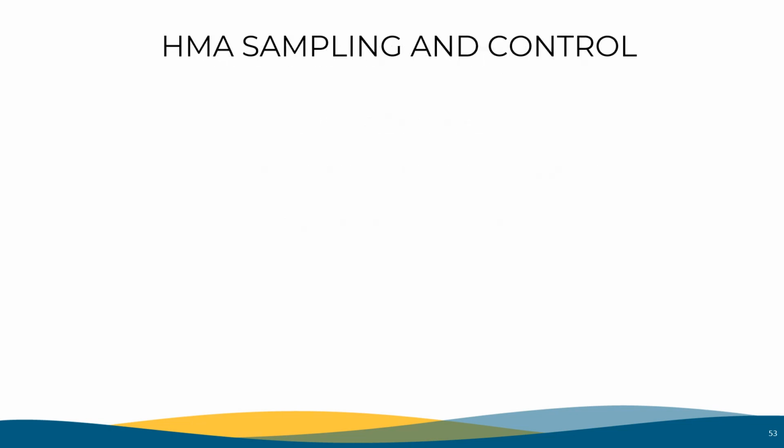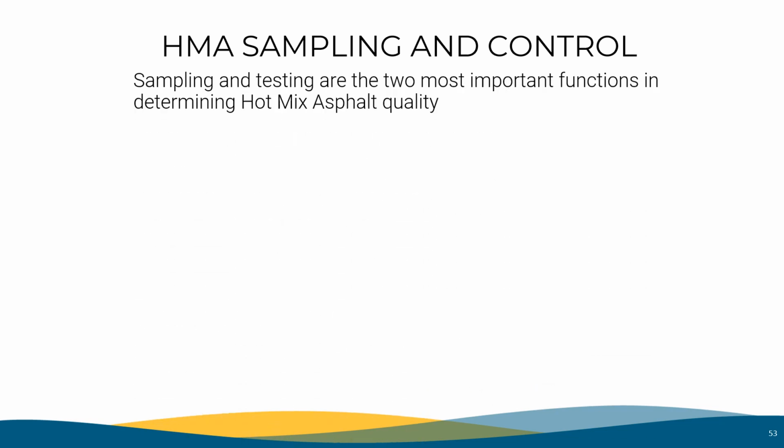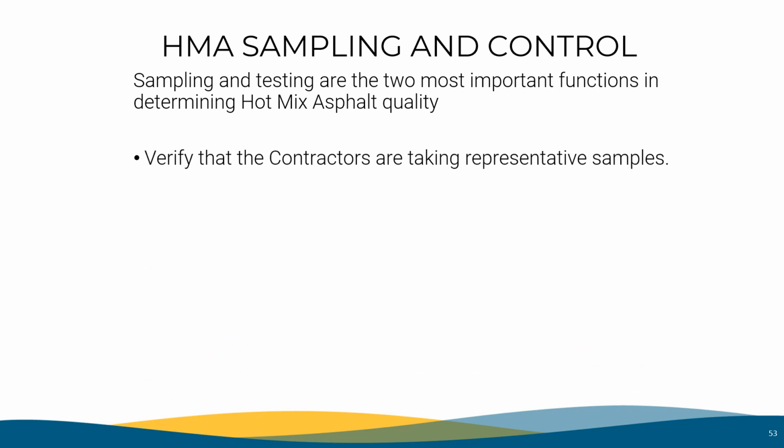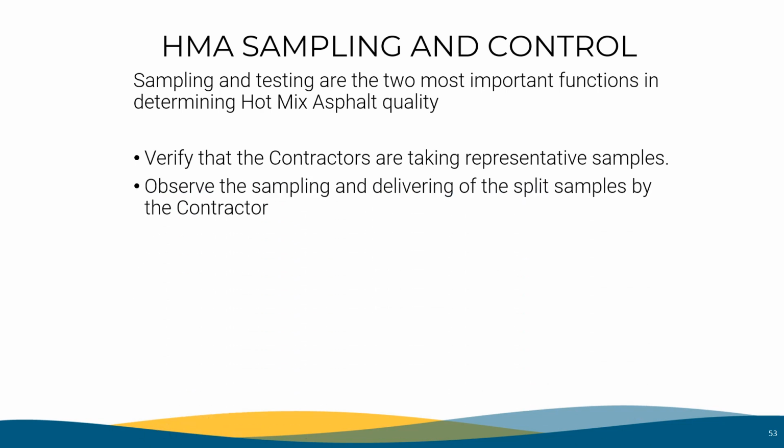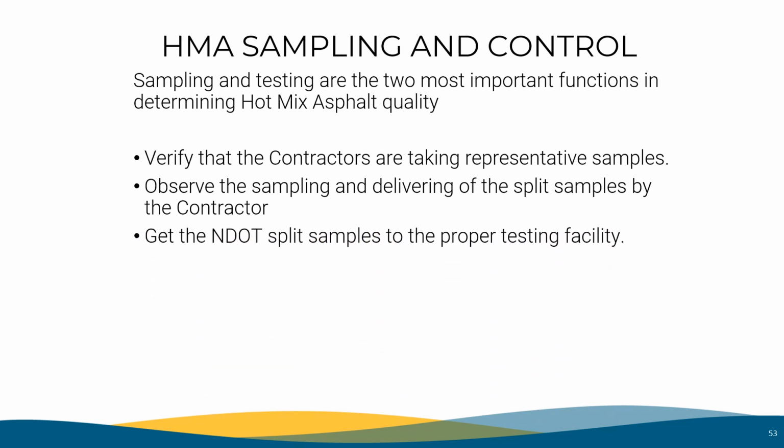Let's talk about the hot mix sampling and control. Sampling and testing are the most important functions in measuring the hot mix asphalt quality. You must be able to verify that the contractor is taking representative samples, observe the sampling and delivering of the split sample by the contractor, and get the NDOT samples to the proper testing facility.